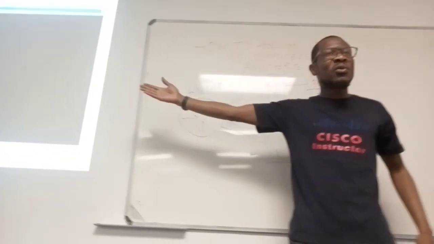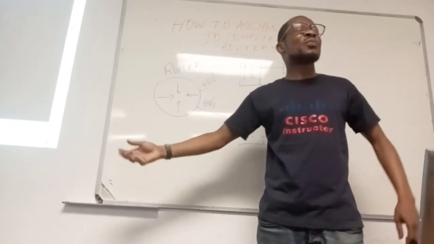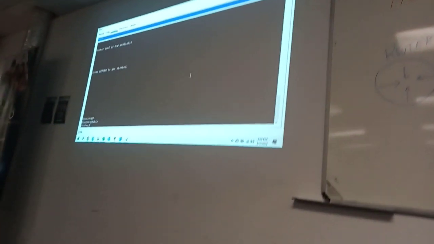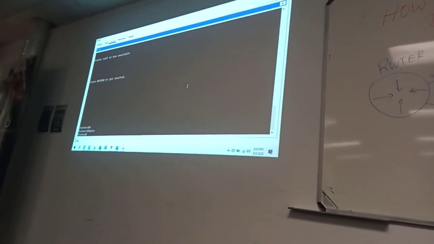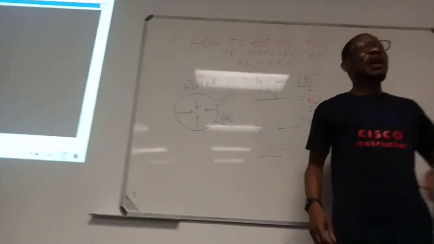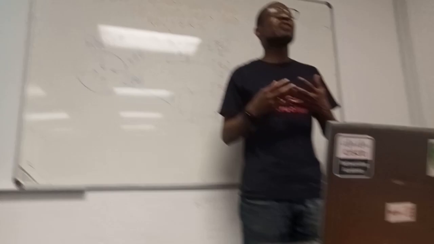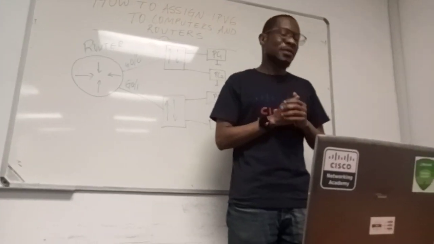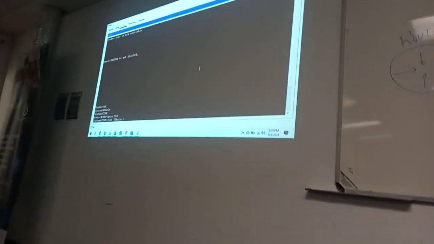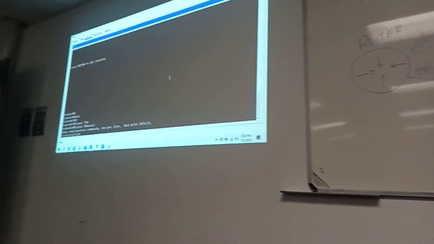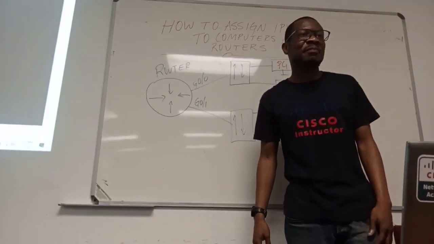Okay, which mode this one? User mode, right? We have to move to privilege mode. Yes? No, why I'm doing that in order for me to start from the beginning, right? Configure terminal. You press enter. Now we are in a privilege mode, right?